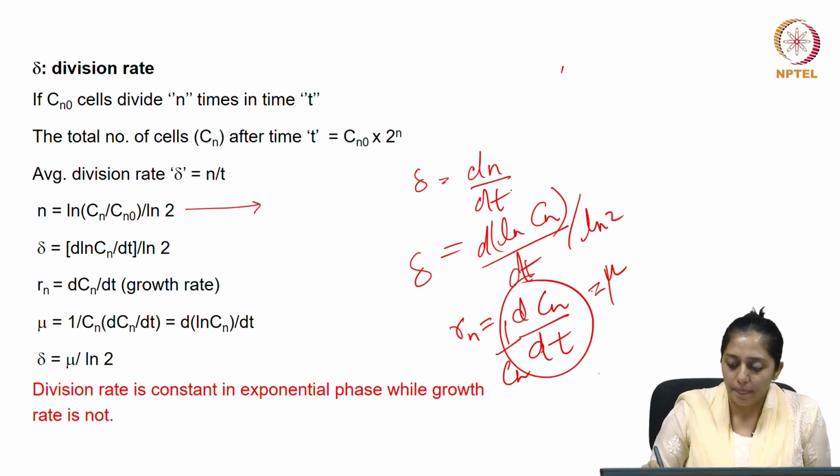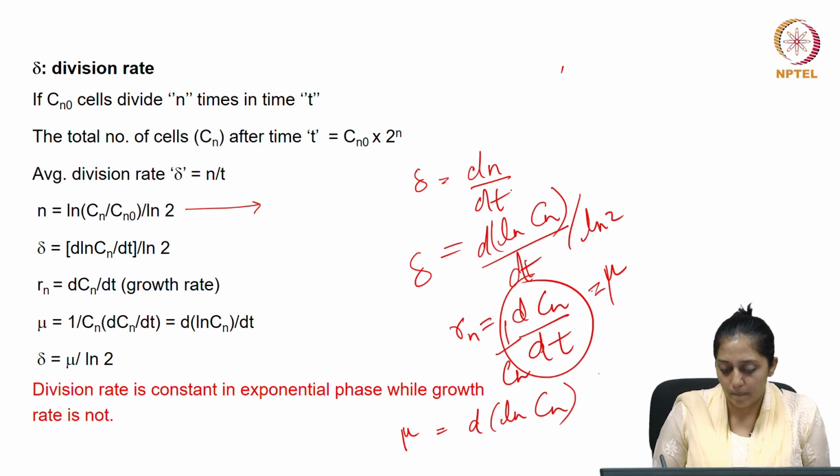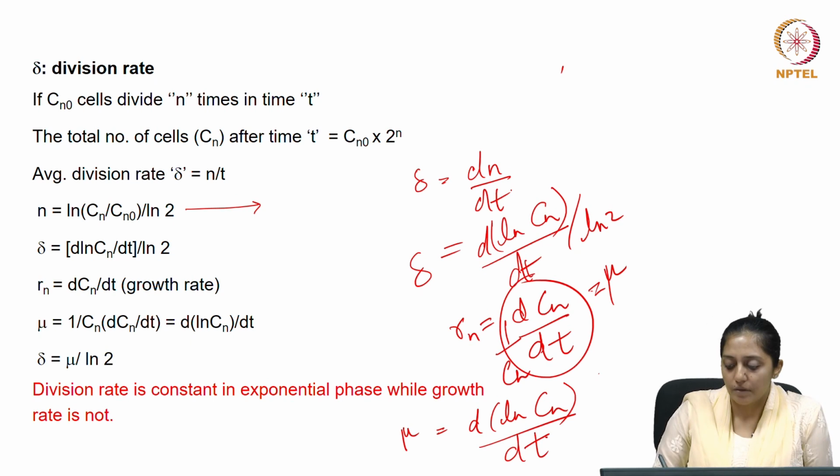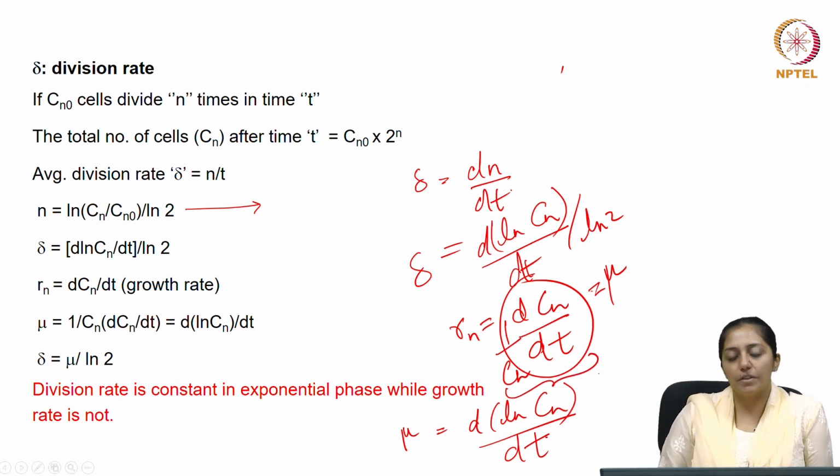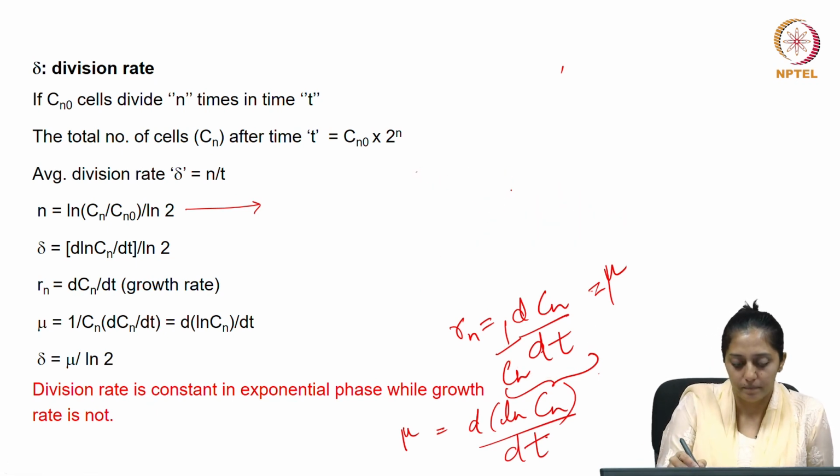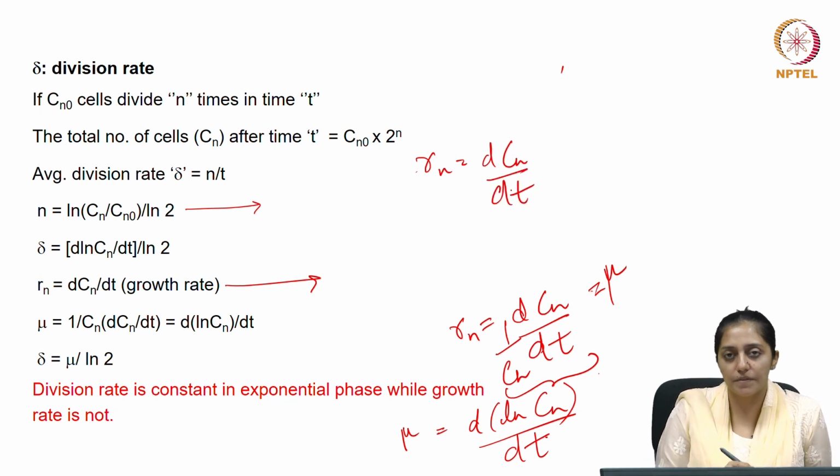So, if I substitute now mu as d ln Cn by dt, so this has been substituted as d ln Cn by dt in this equation for clarity. So, if you see this equation, the rate of growth is dCn by dt in terms of cell number.